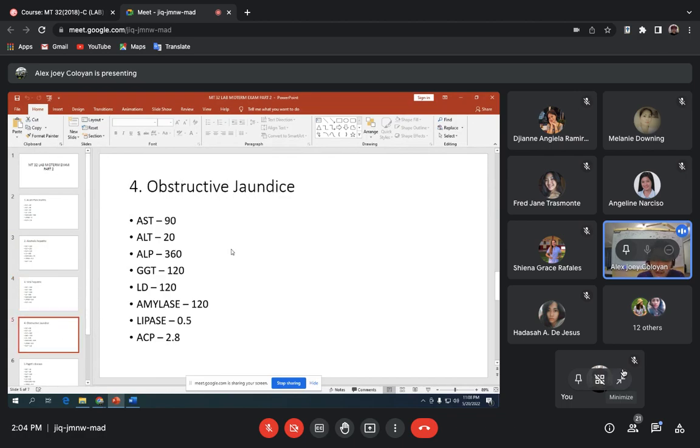Then number four, the answer is obstructive jaundice. So for this item, you have ALP and GGT elevated. If there's an increase in ALP, there are two diseases that are highly associated with it: obstructive jaundice and Paget's disease.